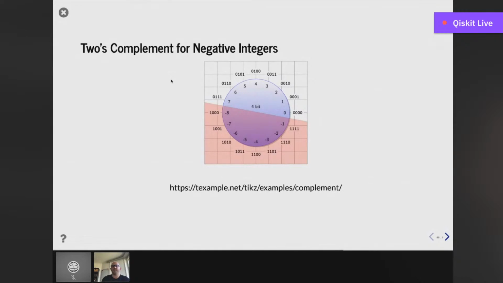All right, there are two things we need for that. The first is the 2's complement to represent negative integers, and it's illustrated here. On 4 qubits, from 0 to 7, it's as you would expect. You see, it's just counting up in the normal encoding. However, for the negative, the first qubit here, or the most significant qubit, indicates whether the number is positive or negative.